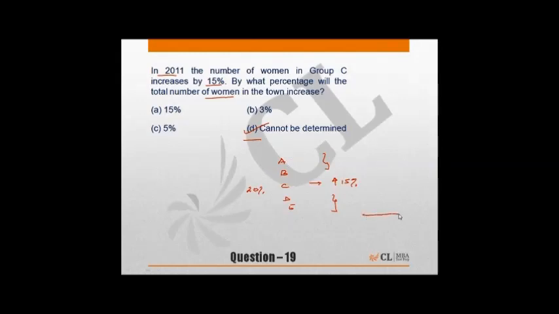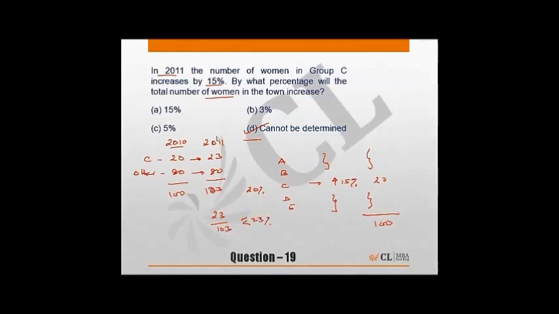If there were 100 initially, C was 20, other groups would have been 80 in 2010. If in 2011 C goes up by 15%, that means 20 goes up to 23, an increase of 15% on 20. Others remain constant, so 80. So 23 plus 80 is 103. So what is the share of C now? It is 23 upon 103, or maybe just under 23%.